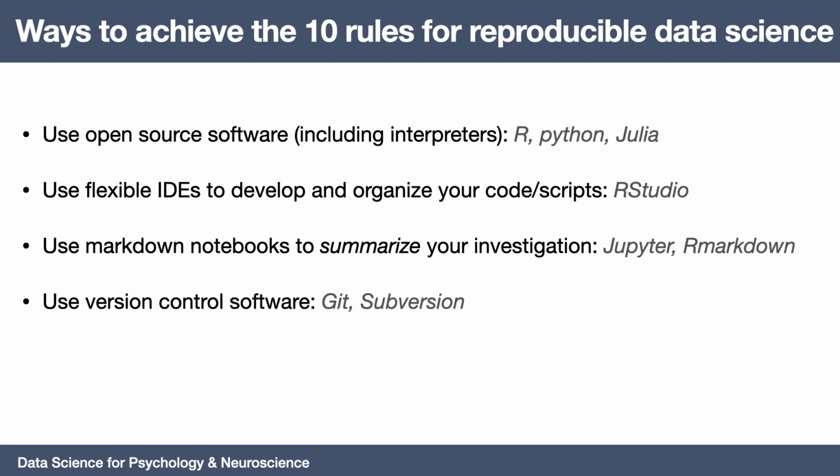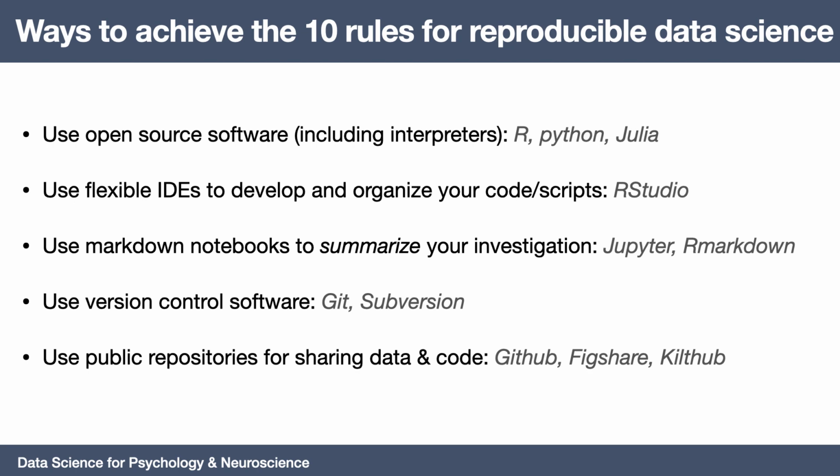Use version control software like Git or Subversion. We'll be working a lot with Git in this class, which is pretty intuitive to use, but get comfortable with using version control, so that you can track and monitor the progress of your pipeline as you develop it. Most importantly, if you use Git, you can also push things to public repos so that you can share, which is the last item here. Use public repositories for sharing data and code.